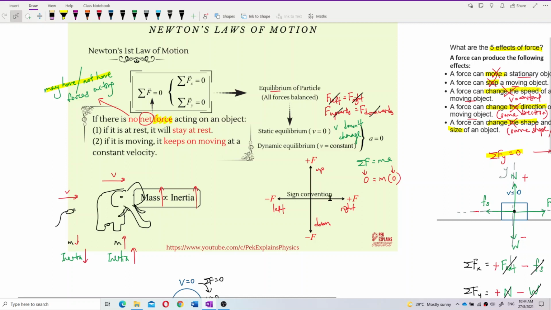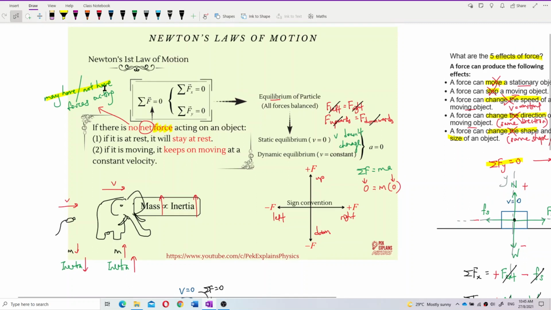But to make things not jumble up, to make things easier for us, we set force to the right as positive, force to the left as negative. The force upward is positive, force downward is negative.